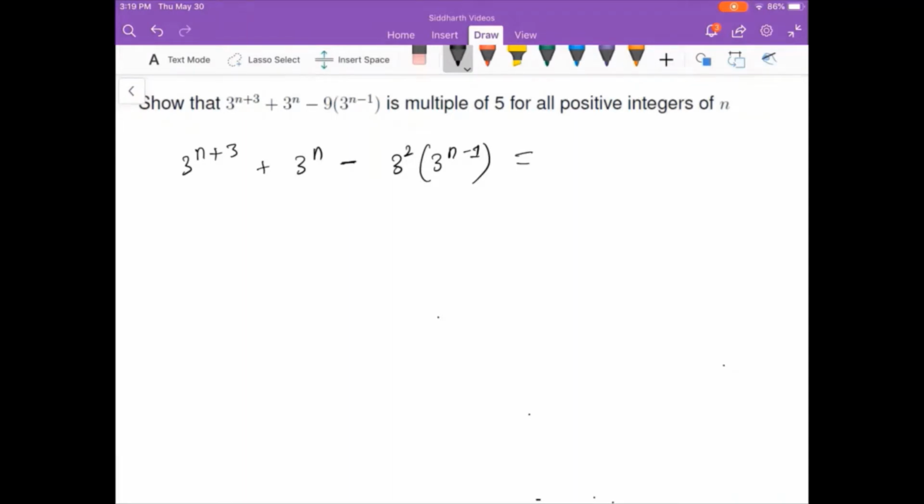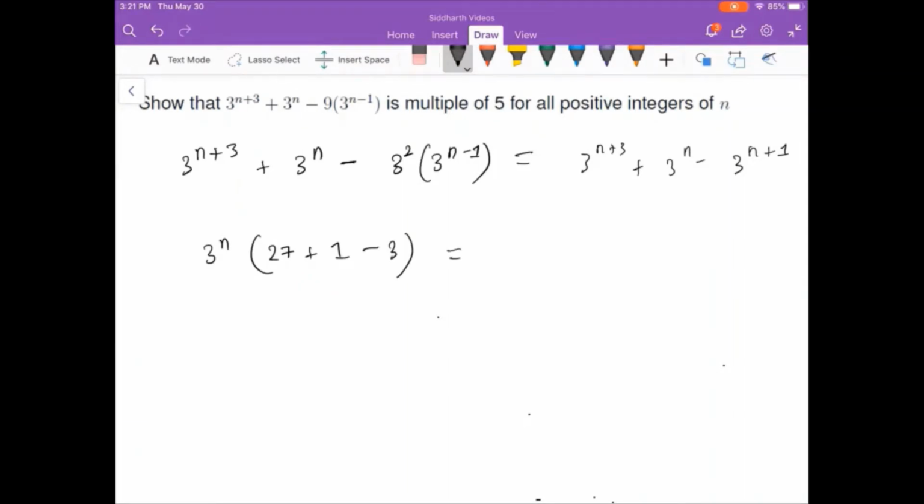Now looking at this, we can see that 3 to the power of n is common among all the three terms. So we can factor it out, leaving us with 3 to the power of 3 or 27 plus 1 minus 3 to the power of 1 or 3.